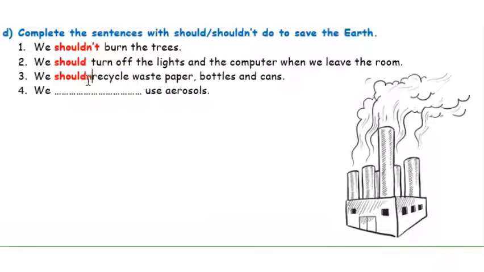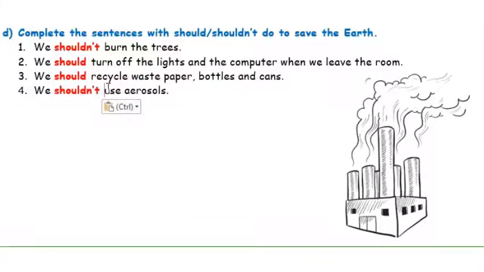So we should recycle waste paper, bottles, and cans. What about aerosols? Like we saw in the paragraph, using aerosols has bad effects on the ozone layer. This damages the ozone layer, which protects us. So, we should reduce using the aerosols. So, we shouldn't use aerosols.